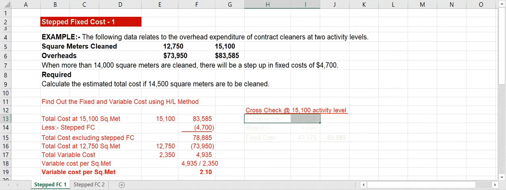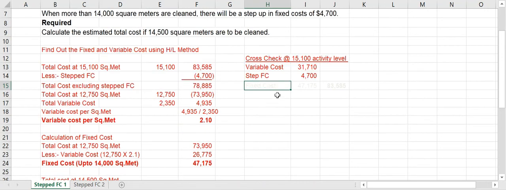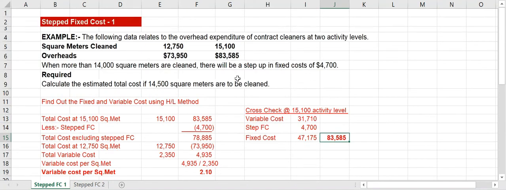The variable cost is 15,100 times 2.1, then you need to add the step fixed cost, because 15,100 is above 14,000 square meters, and then add the fixed cost of 47,175. You should get 83,585. So this is how you do the cross-checking part.